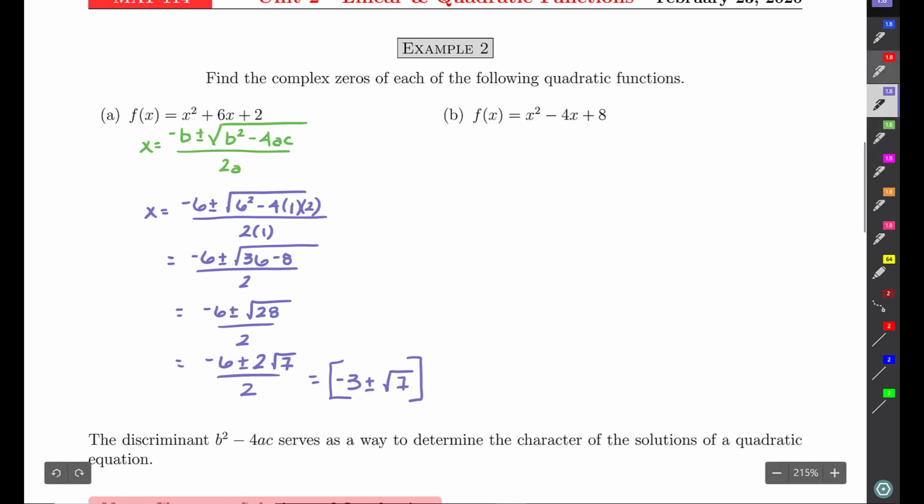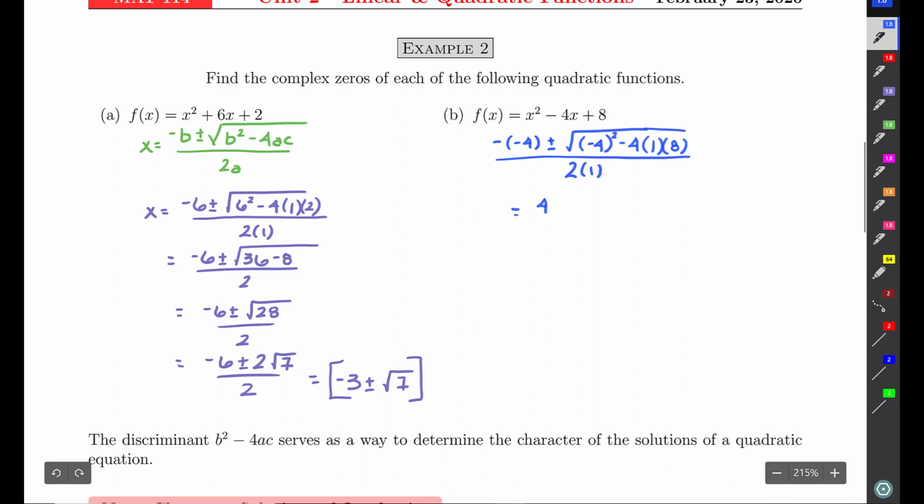For part B, we're going to do a similar process. We're going to use the quadratic formula, and again we're going to have the opposite of b plus or minus the square root of b squared minus 4ac, all over 2a.